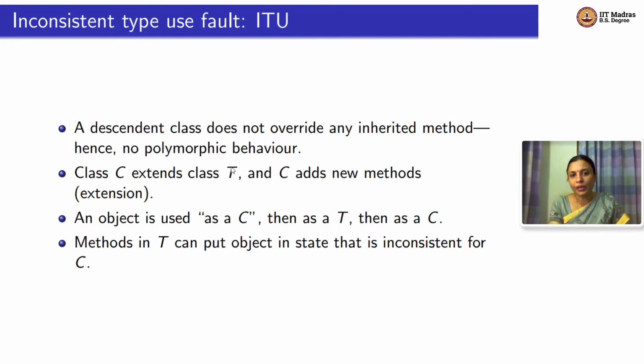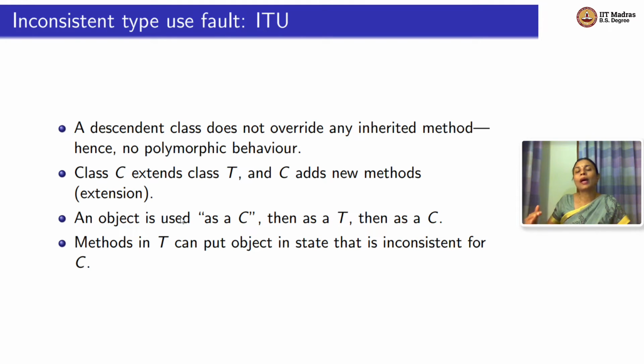Class C extends class T. This is an example. And C, let's say, adds new methods because C is going to extend class T. Let's say we take an object O. Object is first used as C, then it's used as T, the parent class, and then again as a C. The problem is the methods in C can take the object to a certain state. Then the methods in the parent class T are going to run, and they might take the object to another state.